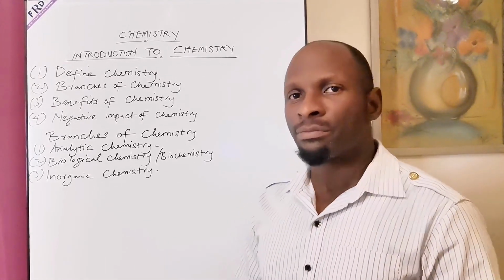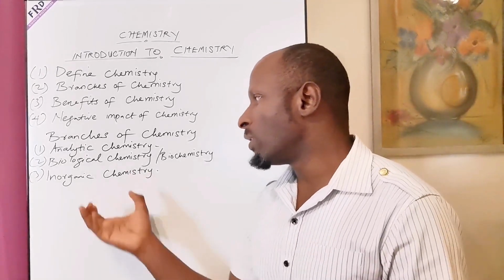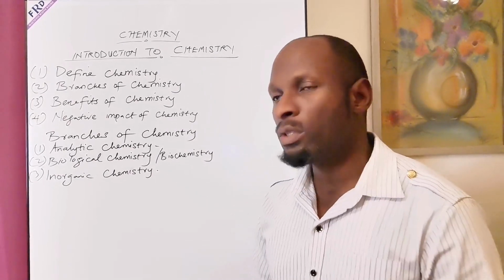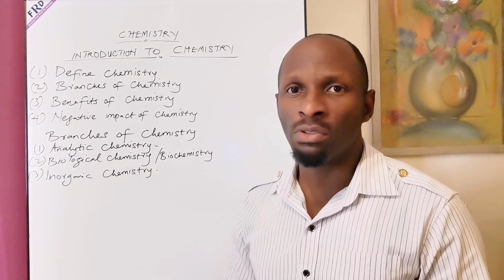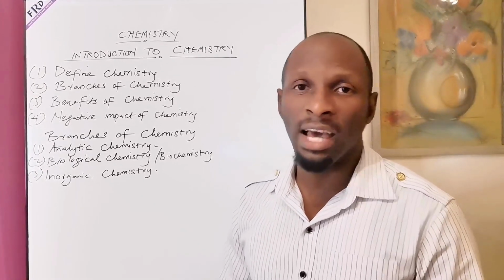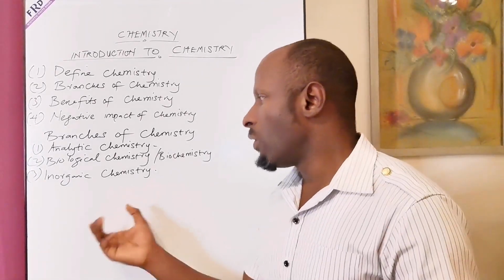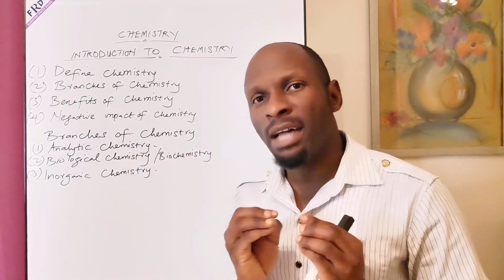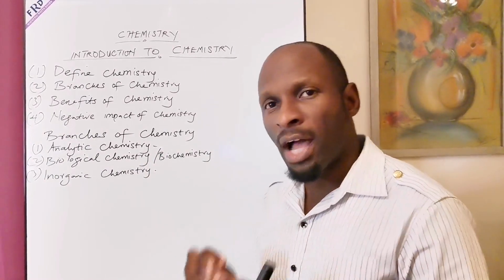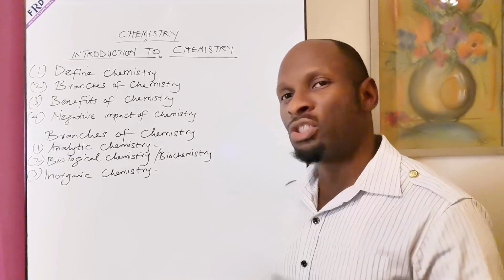And then a typical example of compounds that fall under inorganic chemistry is the salts, which is usually formed as a result of neutralization reaction between acid and what? Base.